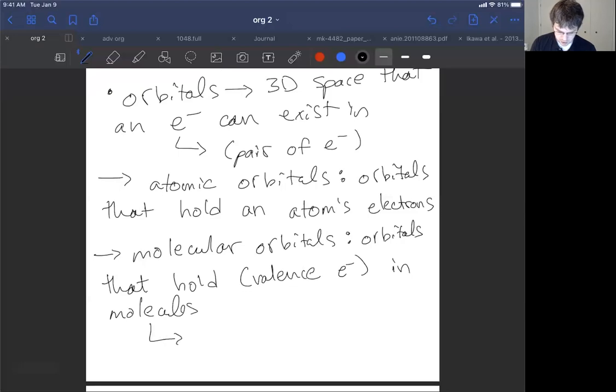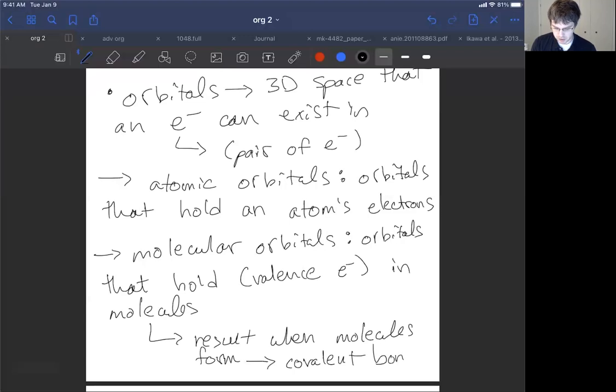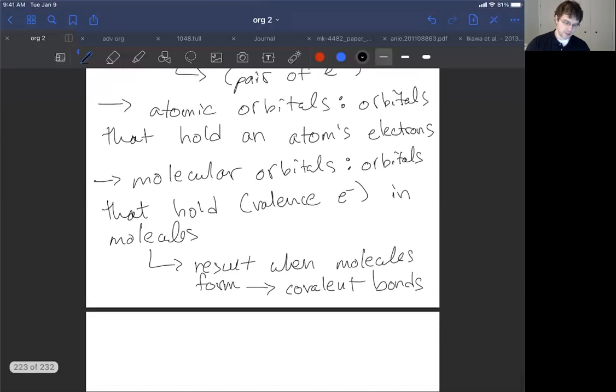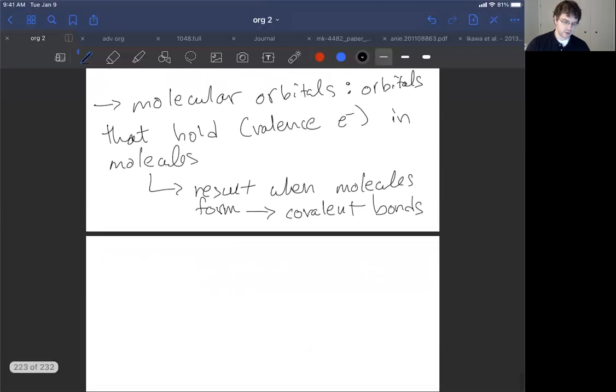So they result when molecules are formed, which result when covalent bonds are involved, right? Because molecules result from the covalent bonding as opposed to salts, which generally result from ionic bonds.